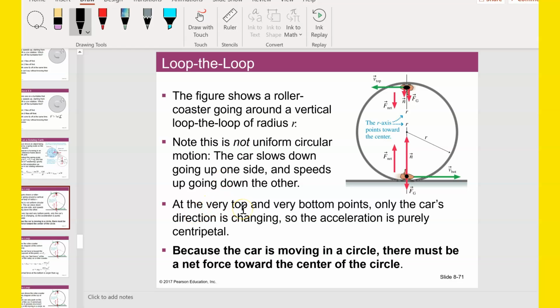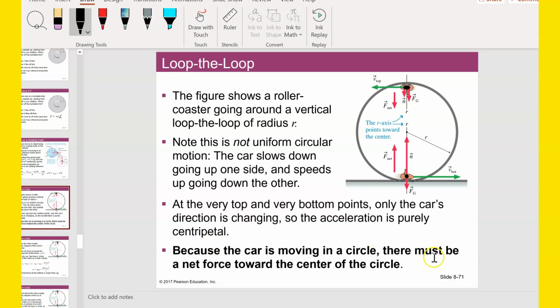So the car slows down going up one side and speeds up going down the other. At the very top and very bottom points, only the car's direction is changing, so the acceleration is purely centripetal there.